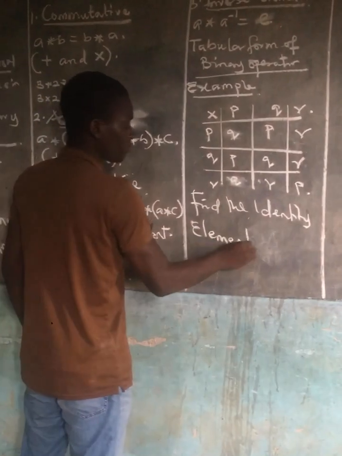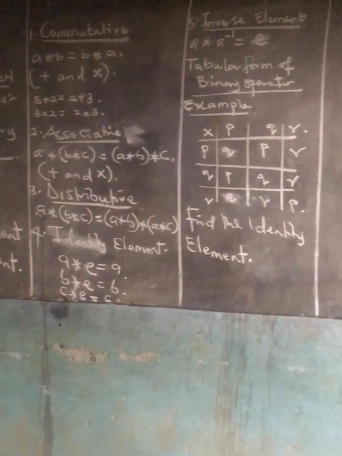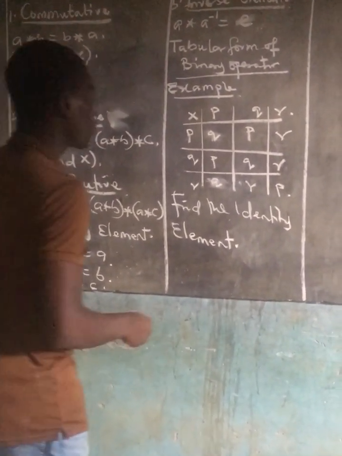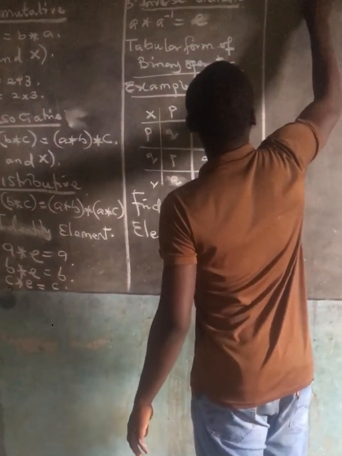To find the identity element, we'll bring out and write the solution.